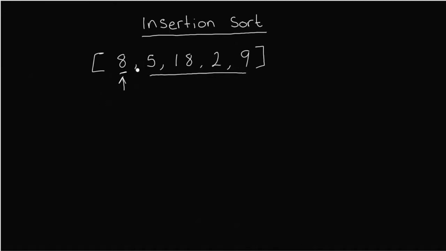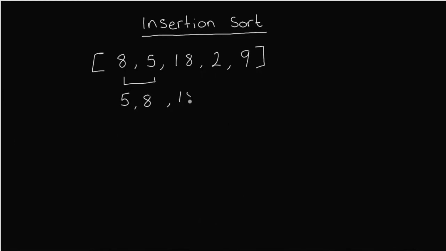So we can see here our second digit is 5. Now we're no longer just looking at 8, but we're looking at 8 and 5. And if we look at 8 and 5, we can check to see if these two numbers are sorted. And they're not, because 8 is greater than 5. So what we want to do is swap these elements. So we want to put 5 here, and we want to have 8 here.